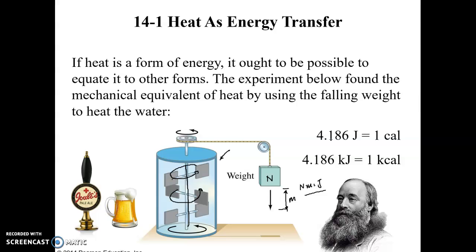What he was able to then find is that one small c calorie is equal to 4.186 joules, and 1 kilocalorie, therefore, is 4.186 kilojoules. So that's how we were able to determine the energy required to raise the temperature of a gram of water by 1 degree Celsius.